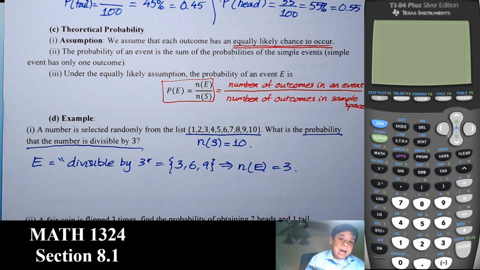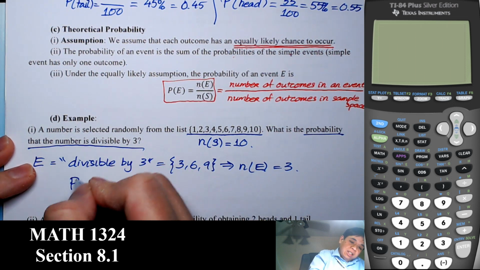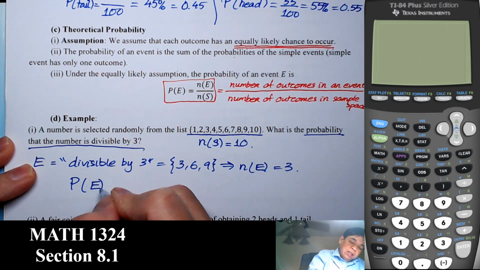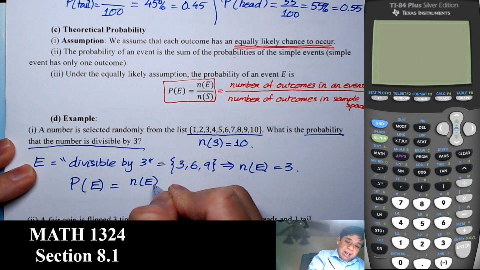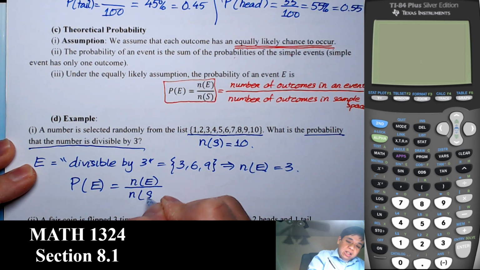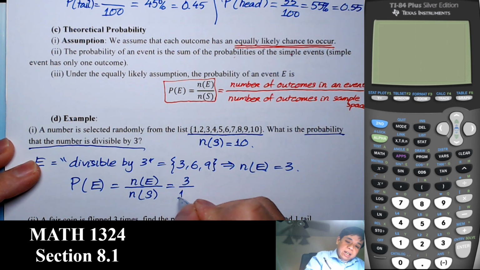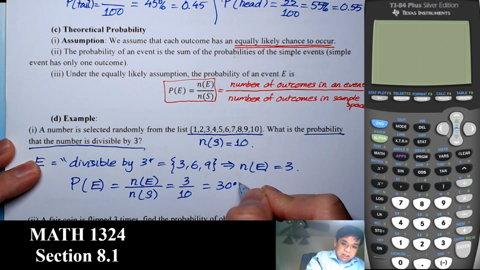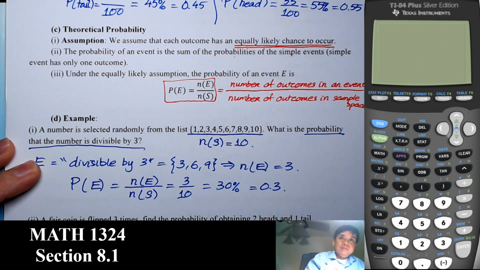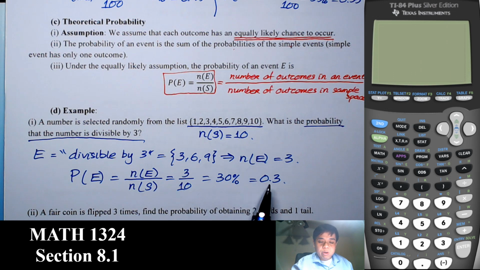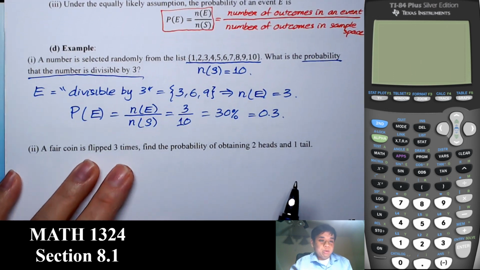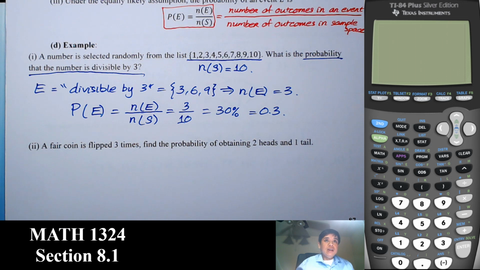So we say the probability of this event of divisible by 3 is equal to how many we have in the event over how many we have in the sample space, and that gives us 3 over 10, 30% or 0.3. Of course, the answer can be a fraction, decimal, or percent, whatever you want to write. Right, so that's the fundamental probability: how many we have in the event divided by how many we have in the sample space.